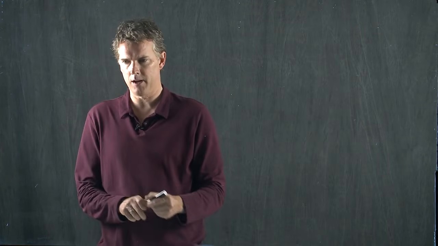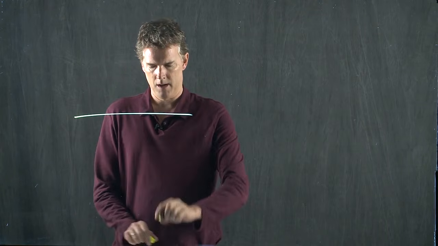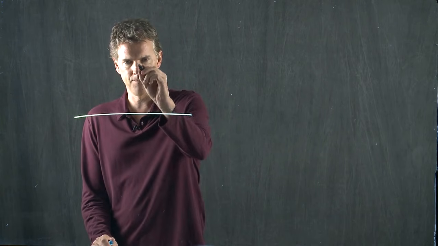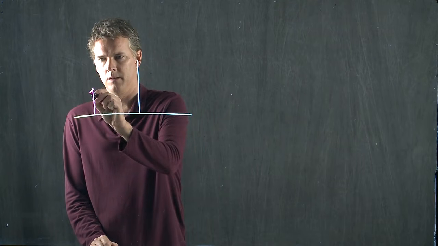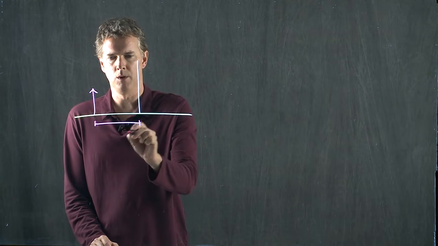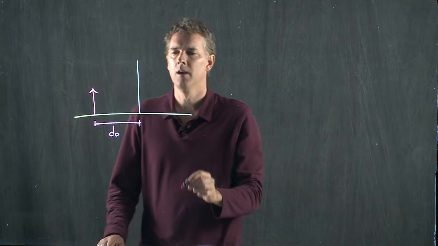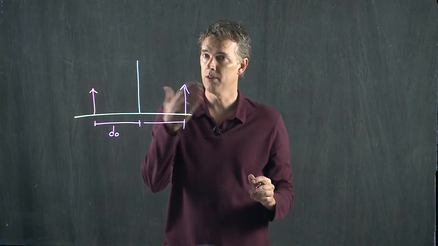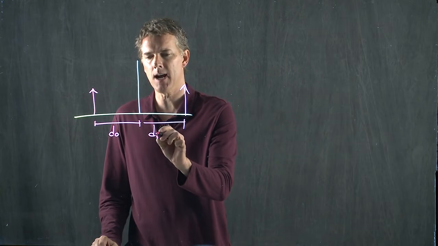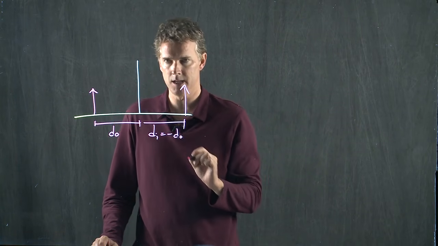If we have an optic axis here and we have a plane mirror, then we know that an object will have a length dO, but its image is on the right side. And it's to the right, and therefore di is negative dO.